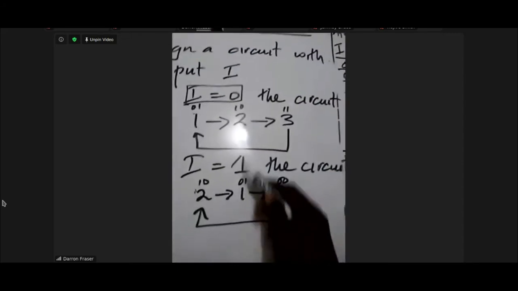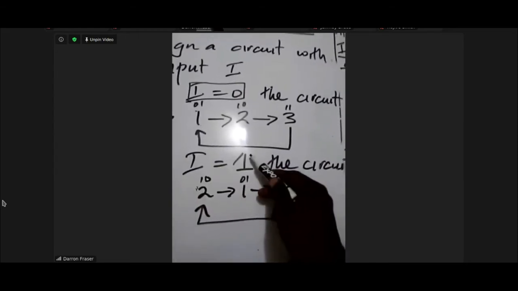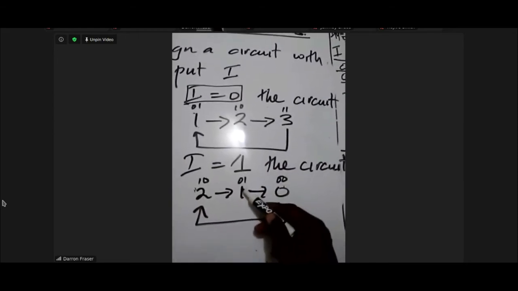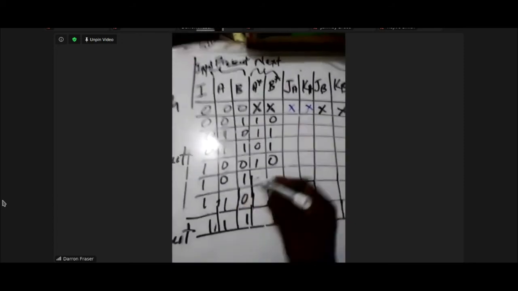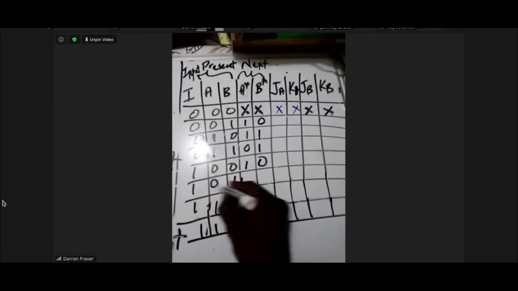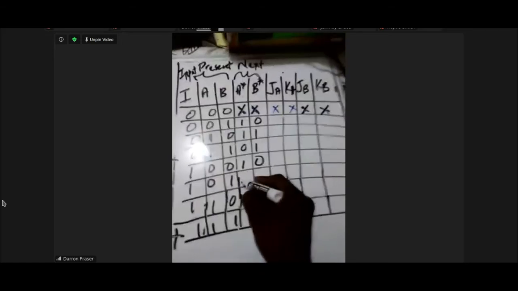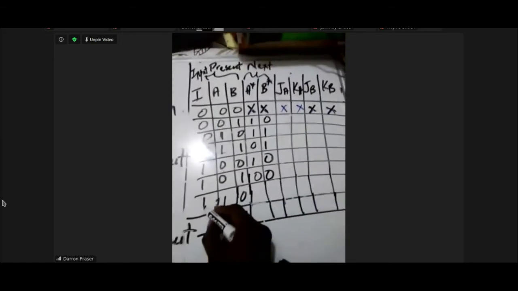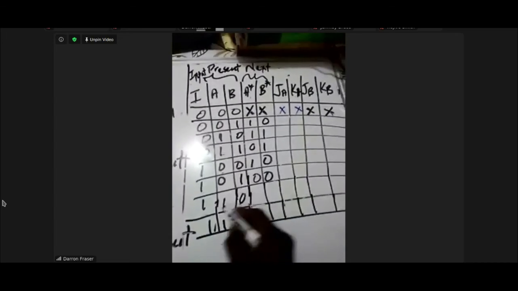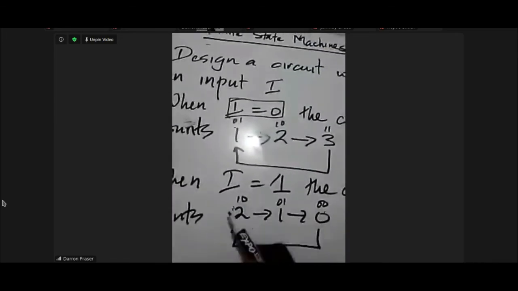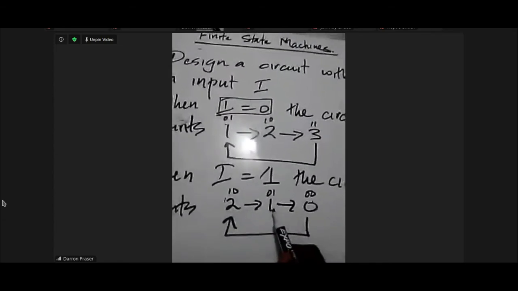So for 0, 1, the next state I go to is 0, 0. I is 1 and we are at 2, and the next state that I go to is 1.